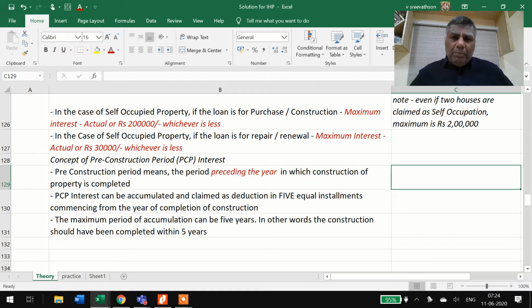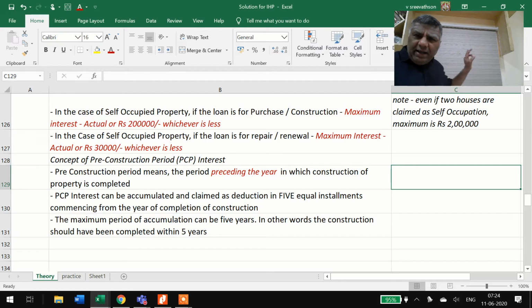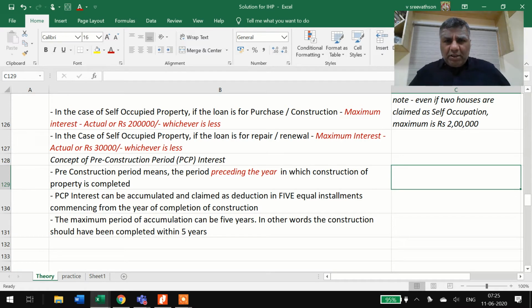Literally, till yesterday, 10th June 2020, the property is known as under construction. Pre-construction period is literally till yesterday.